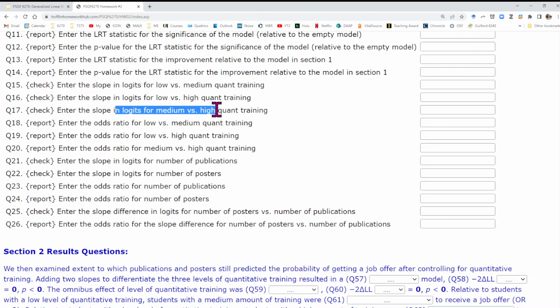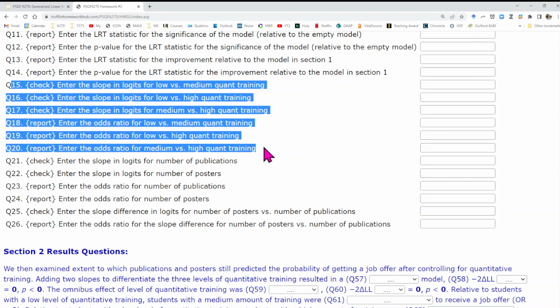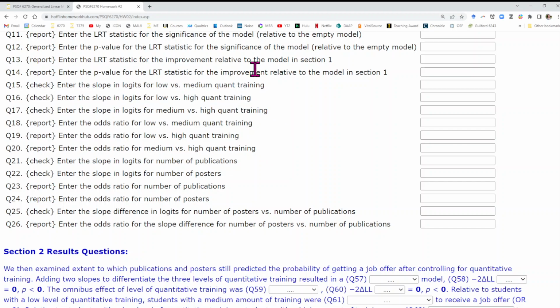It's the slope and logits for medium versus high, low versus medium, etc. So the tricky part for these is figuring out which ones are in the model and which ones are not. As a general principle, if you're using indicator dummy coding, anything involving the reference group is in the model somewhere. It's only the questions that involve alternative group comparisons that you need to write extra code for.